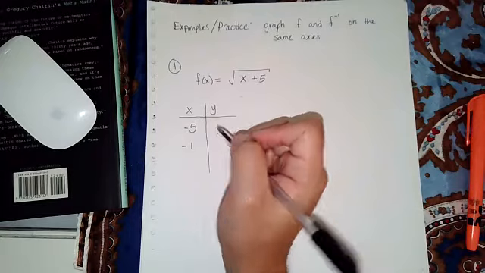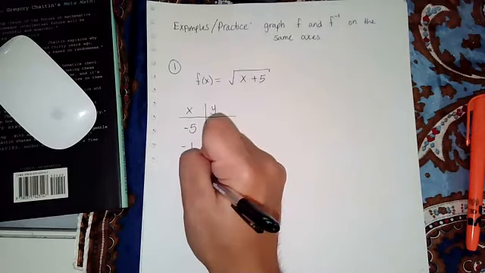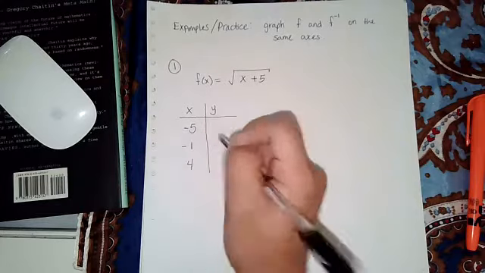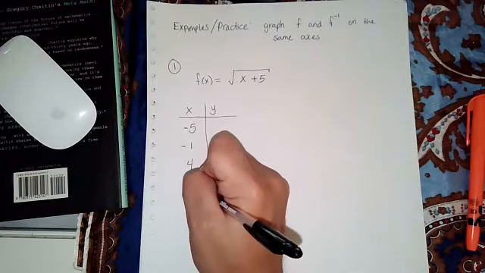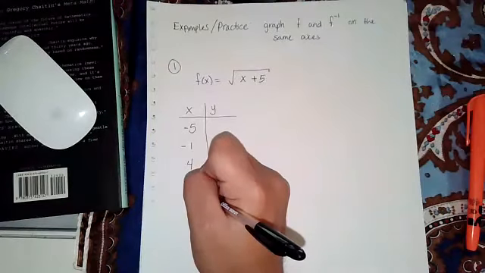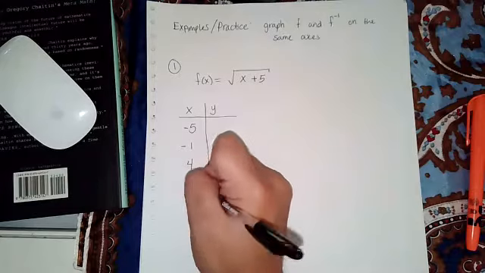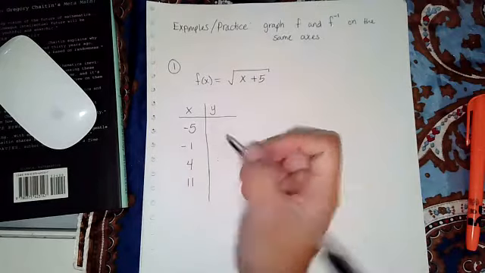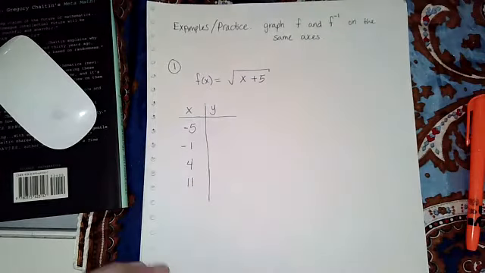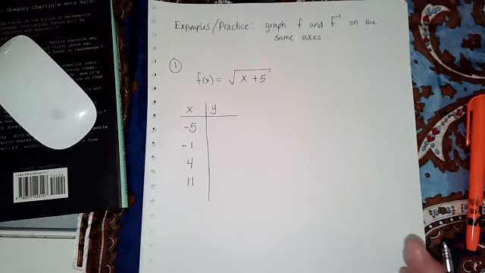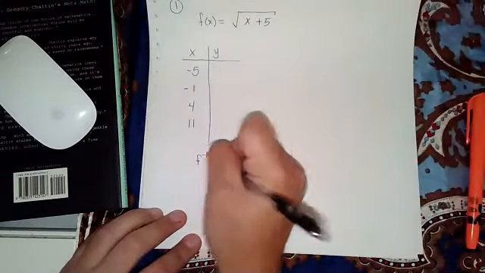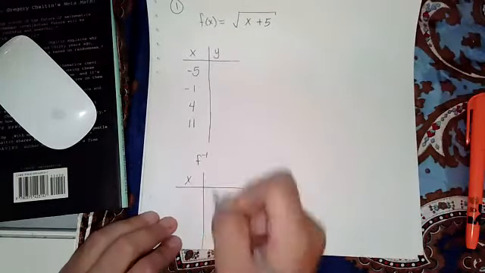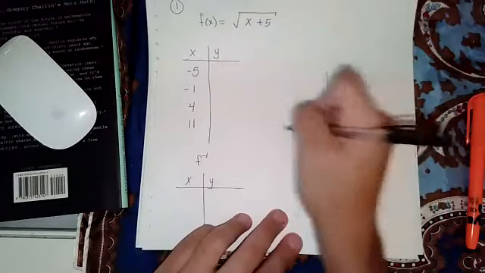Then I want you to go with 4. And then I want you to go with 11. Yeah, go with those. I'll give you guys about 10 minutes to do this. And then I want you to find f inverse, its x and y pairs, and then plot those guys.